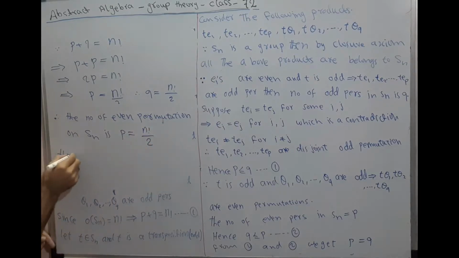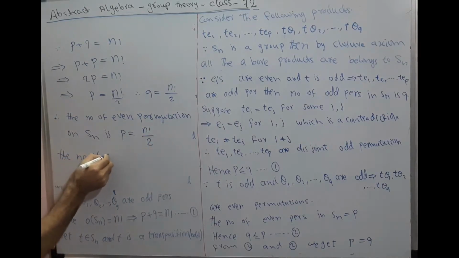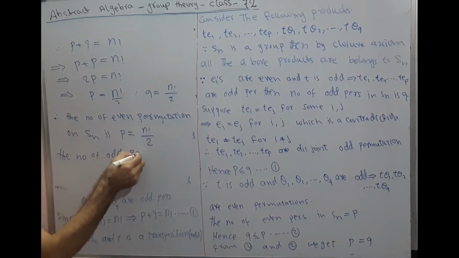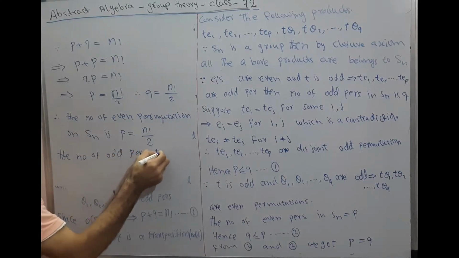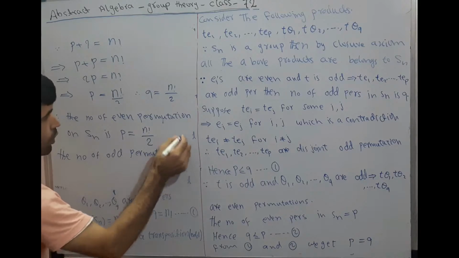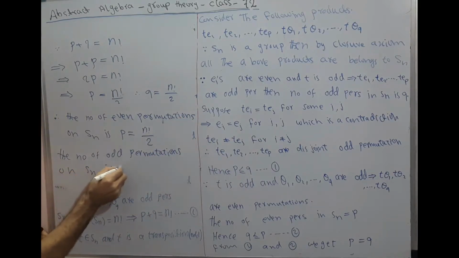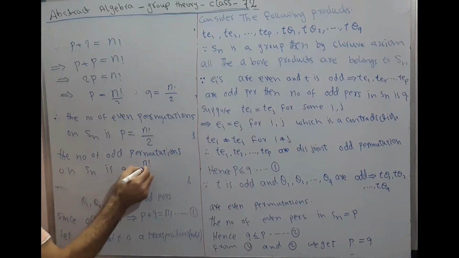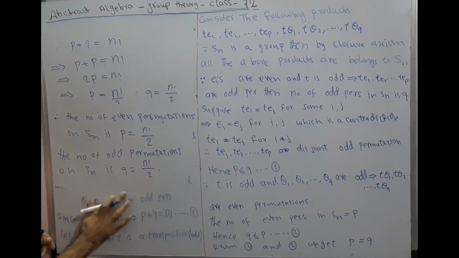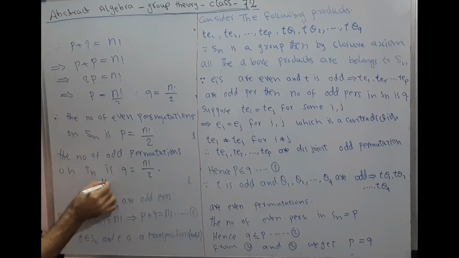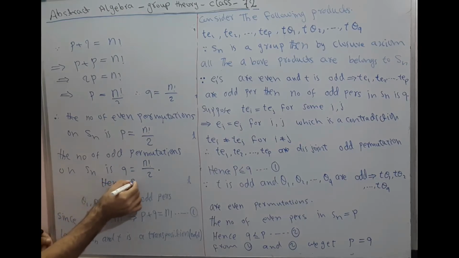The number of odd permutations in Sn is Q equal to n factorial by 2. Hence proof of the theorem. Hence proved.